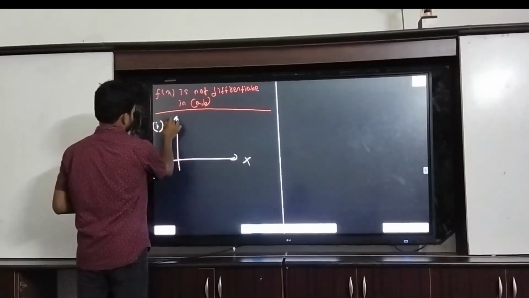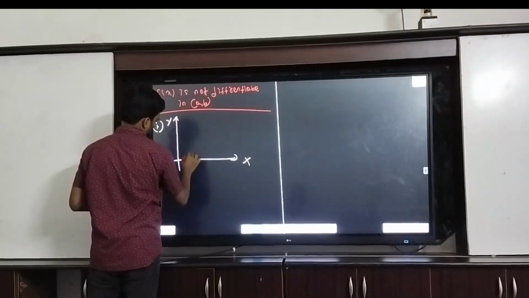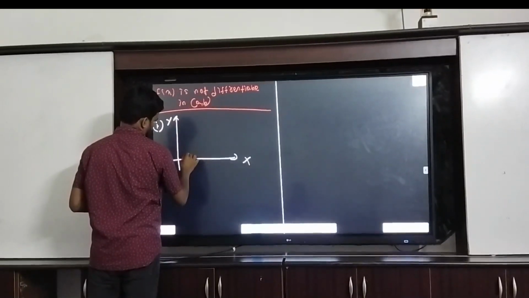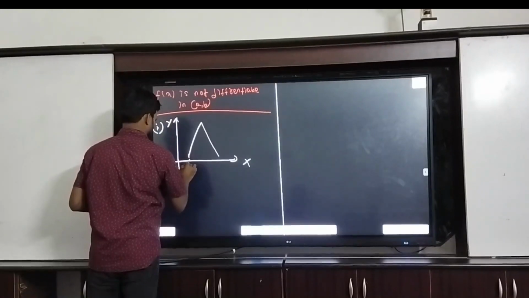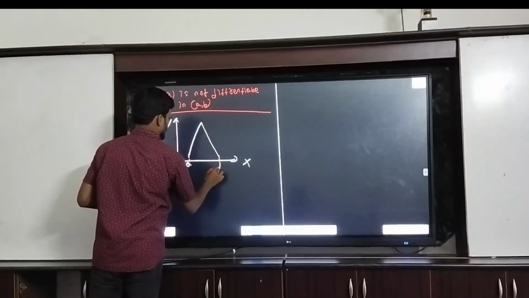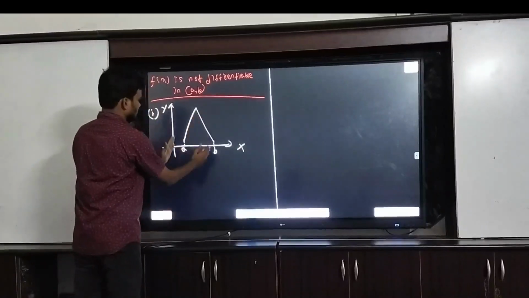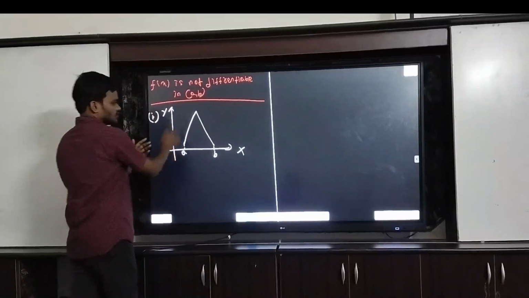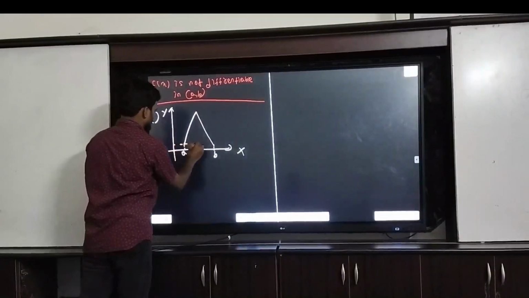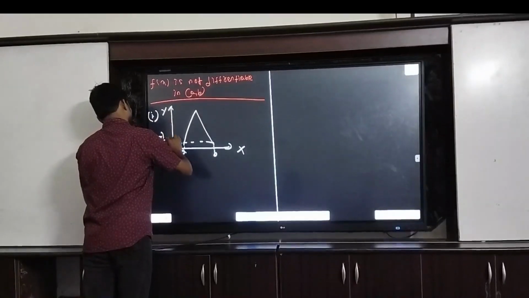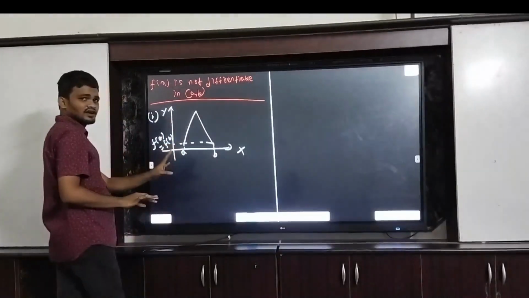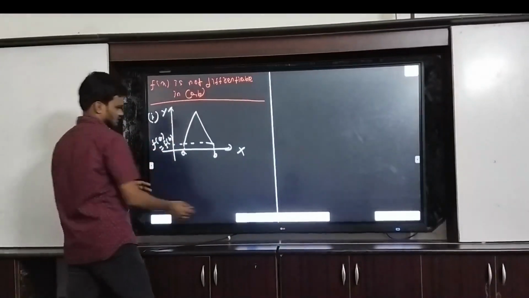This is our x, this is our y. This is our interval. Here the function is continuous and we are taking f of a equal to f of b. If f of a is not equal to f of b, then fine. So we are taking just like that.